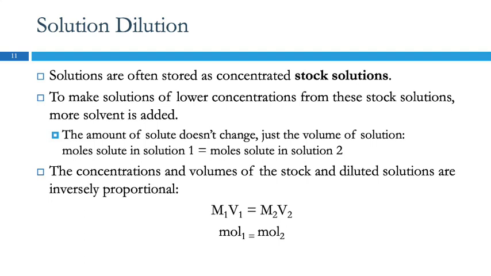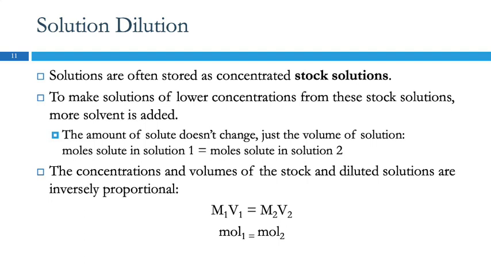This is like buying a can of frozen concentrated orange juice at the grocery store. You come home and you put that into a 2-liter pitcher, right? And then you add some water. Well, did you get more orange goodness or less orange goodness by adding the water? No, you just spread it out, right?